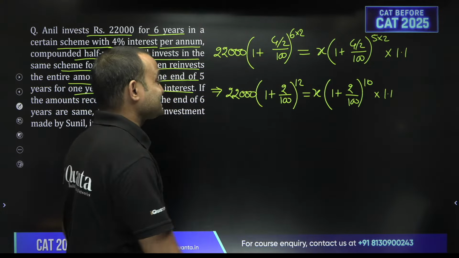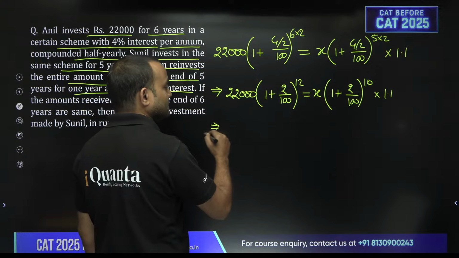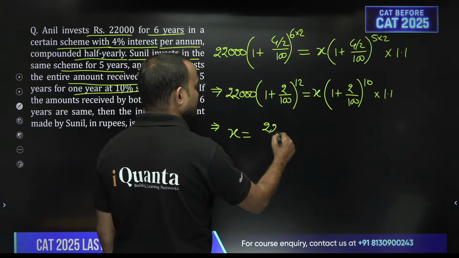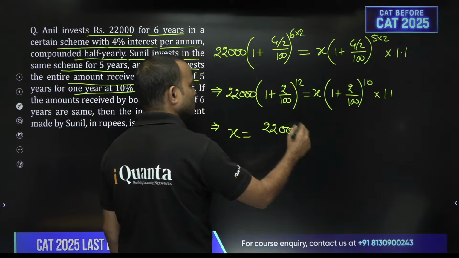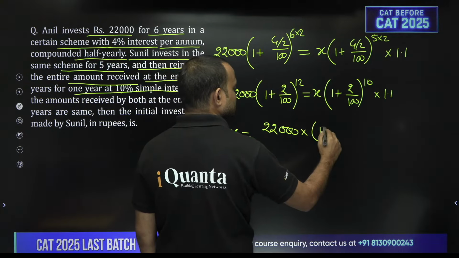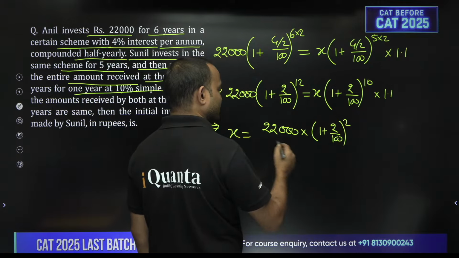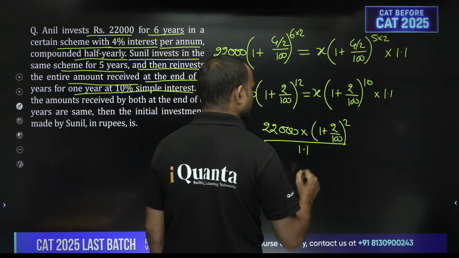Now, if we cancel out the power, X is equal to 22,000 into what's left, 1 plus 2 by 100 to the power 2, divided by 1.1.